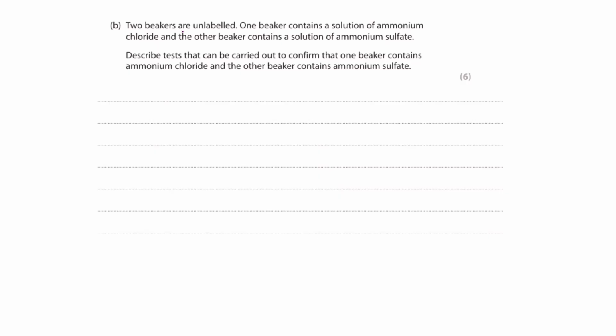That means they expect us to distinguish ammonium chloride from ammonium sulfate. Ammonium chloride is made out of ammonium ion and Cl minus, chloride ion. Ammonium sulfate is made out of, again, ammonium ions and sulfate ions.